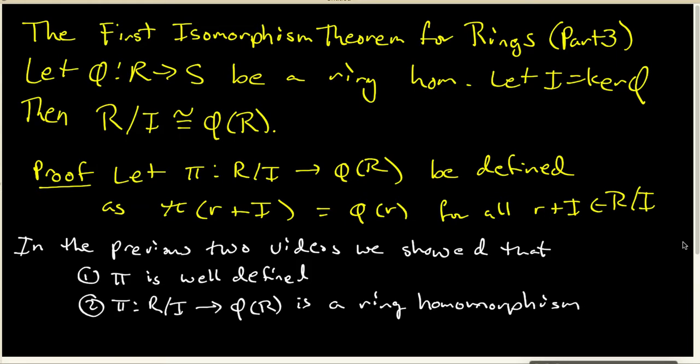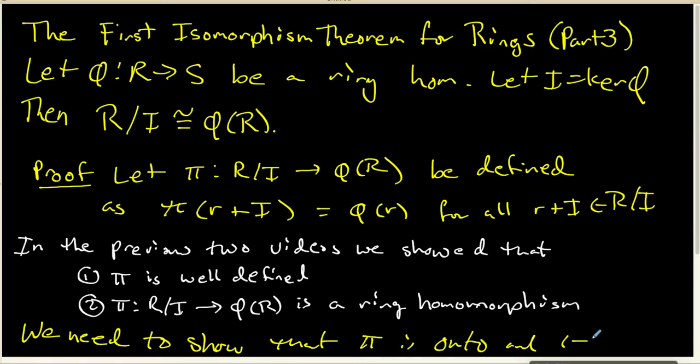And in the second video, we showed that this particular map pi is a ring homomorphism from R mod I to phi of R. And so all that we have to do now is show that pi is onto and 1 to 1.